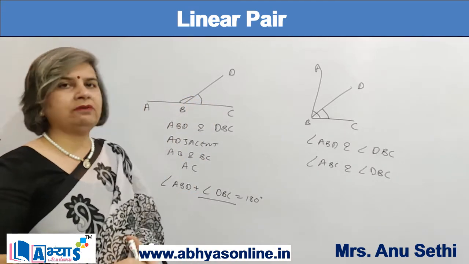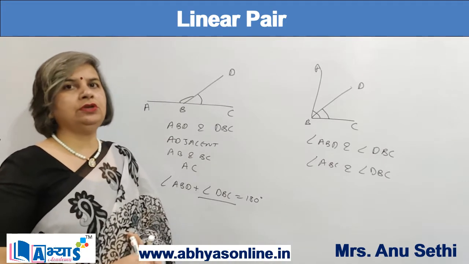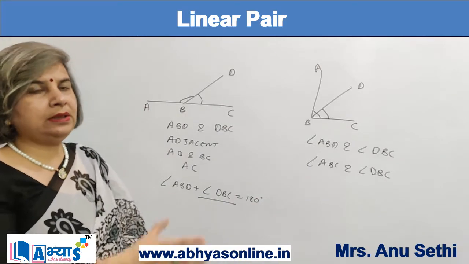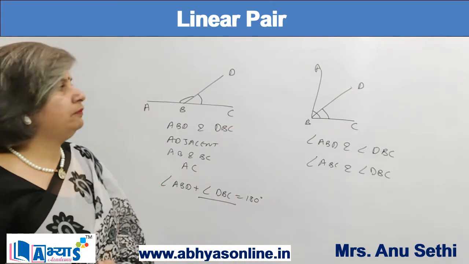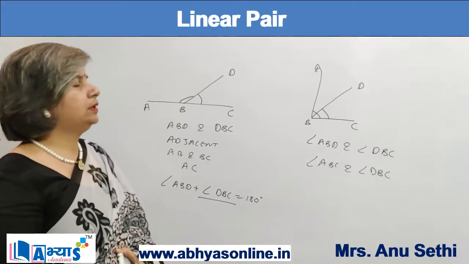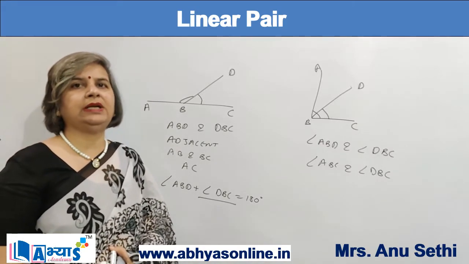So whenever we have two adjacent angles in which the non-common arms, AB and BC, lie on a straight line AC, we say that they are linear pairs, and their sum will always be equal to 180 degrees.